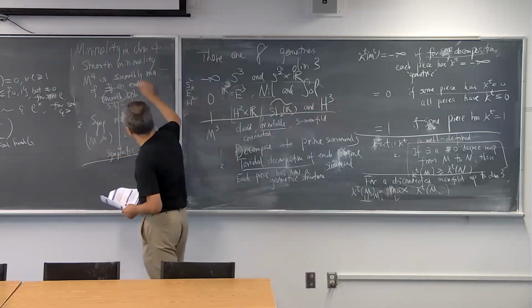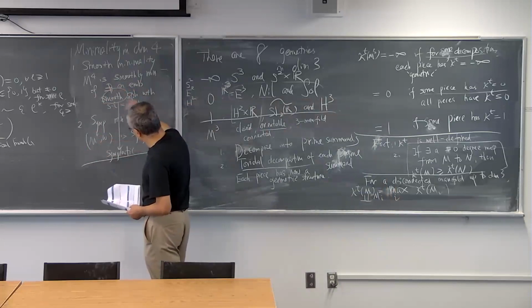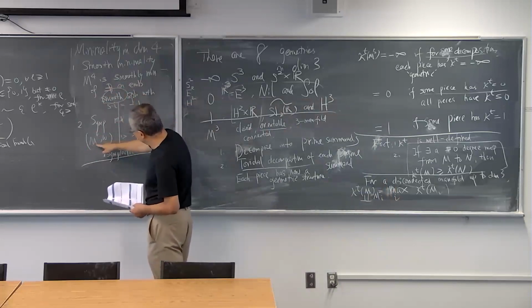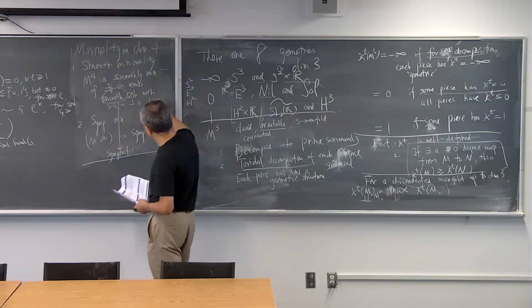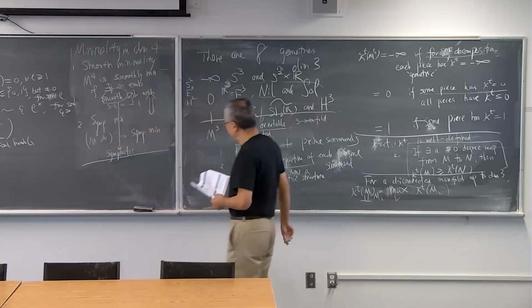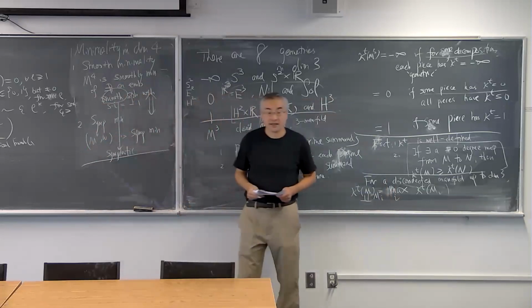Of course, it's obvious from the definition that if the underlying smooth manifold of a symplectic four manifold is minimal, then it's symplectic minimal. Right? But again, Taubes's Seiberg-Witten theory can be used to show that the converse is also true.